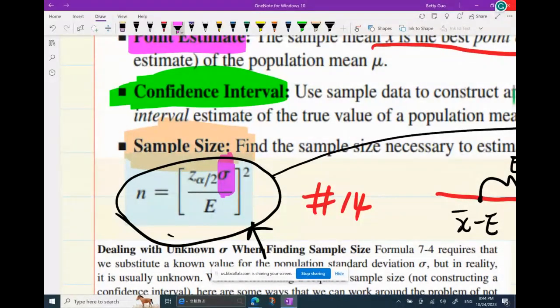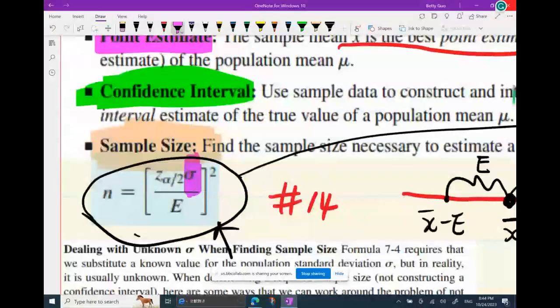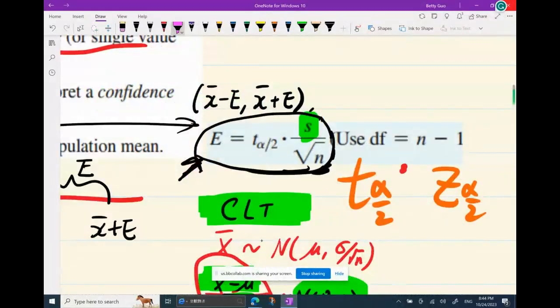It is better because it's closer to sigma. The reason we settled with t earlier is because we do not have sigma available. S is just a substitution for sigma. If we do not have S, we also do not have sigma. Of course, we want to find a closer historical value for sigma, not for S. You see what I'm talking about?